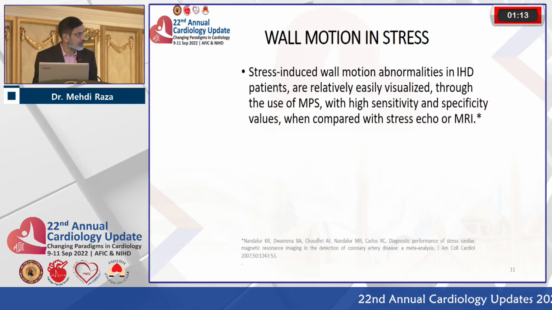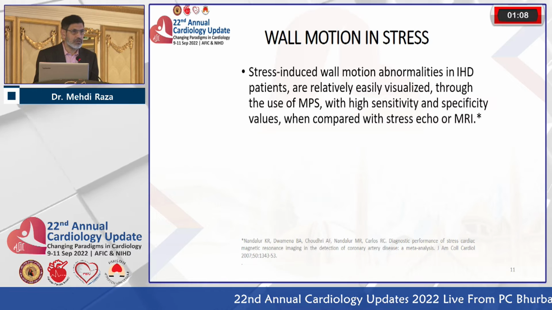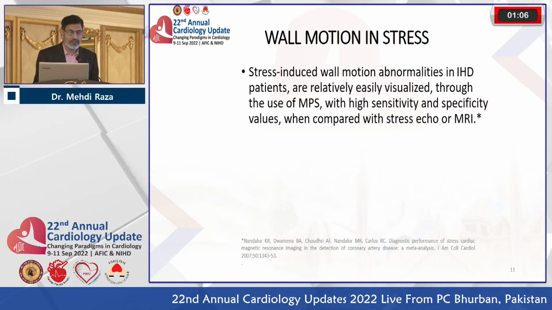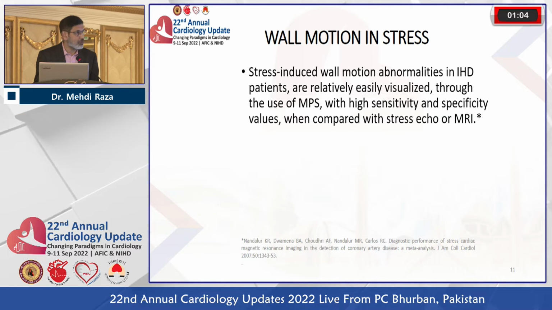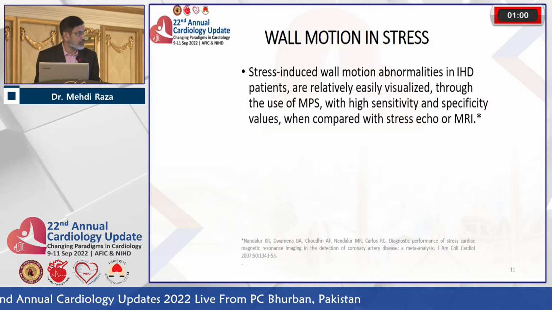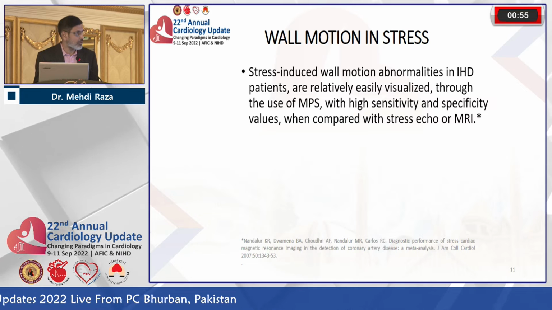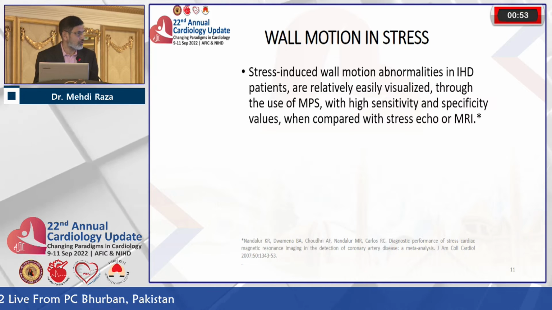Wall motion can be looked at through gated myocardial perfusion scans. Gated images give you good reproducibility and are reliable for interpretation, especially when compared with other modalities which are operator dependent, be it echo or stress echo, whatever.